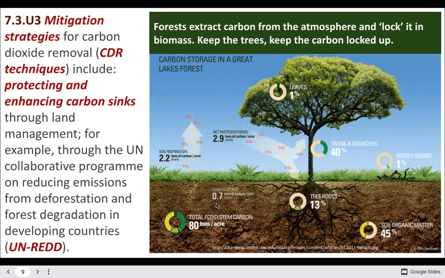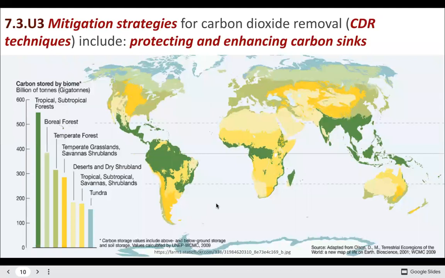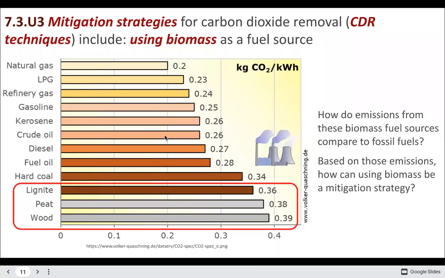So when we look at the agriculture unit, we'll look at how the soil system actually exchanges carbon. Here's a look at carbon stored by different biomes around the world. And as you might guess, most of the forests have a lot of carbon because most of that tissue is made from carbon-based materials.